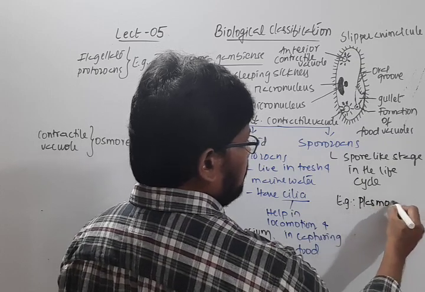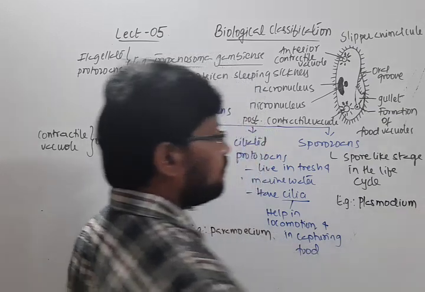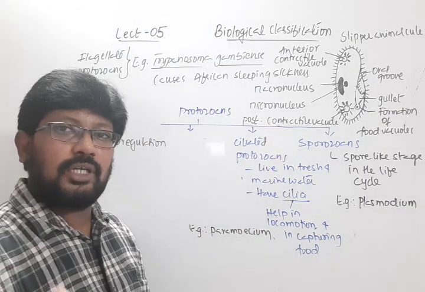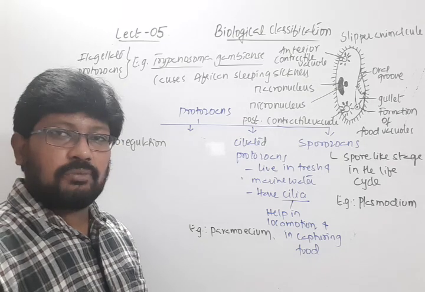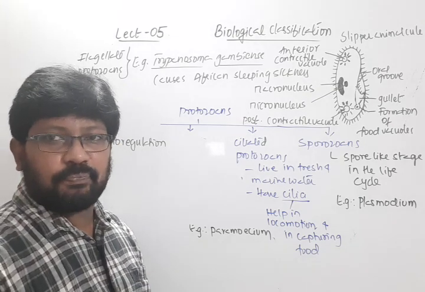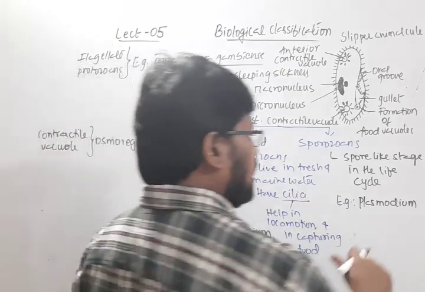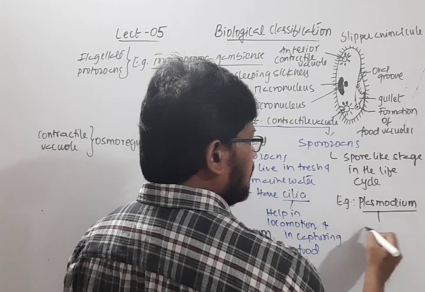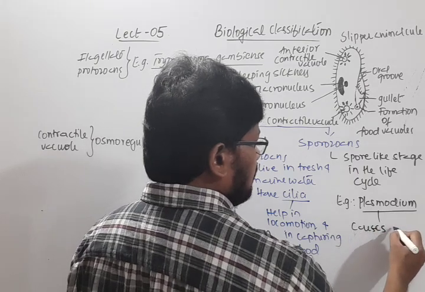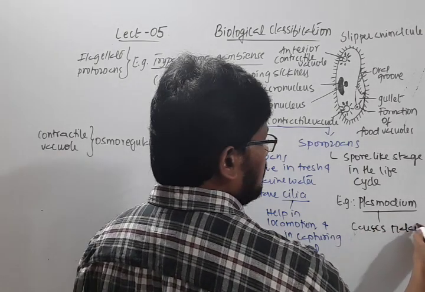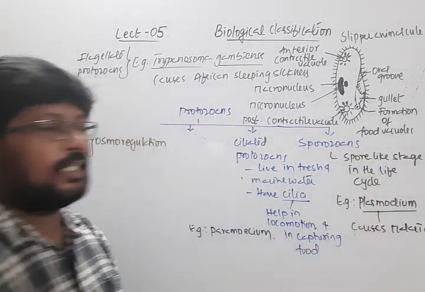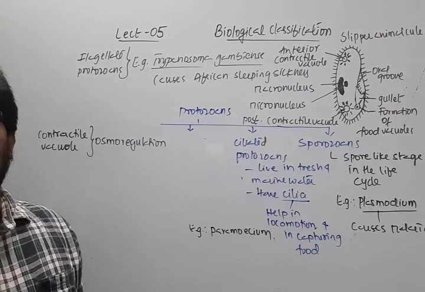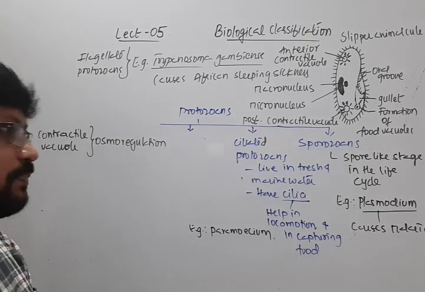Plasmodium. This Plasmodium is different from the plasmodium stage that is formed in slime molds. Here Plasmodium is the name of a parasite, and it causes malaria. Almost all which are included under sporozoans are parasites and cause diseases in several different groups of animals.